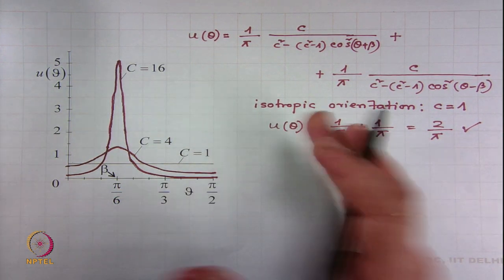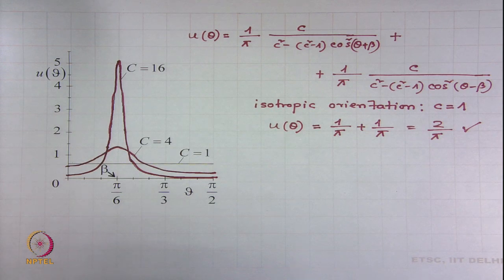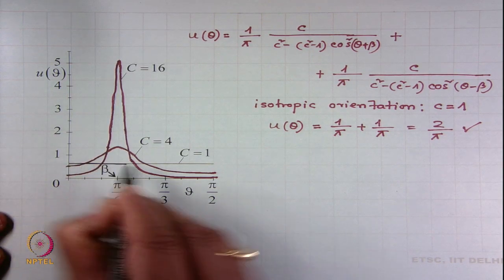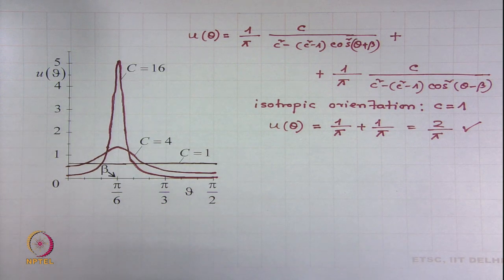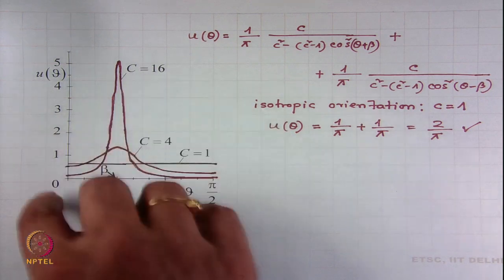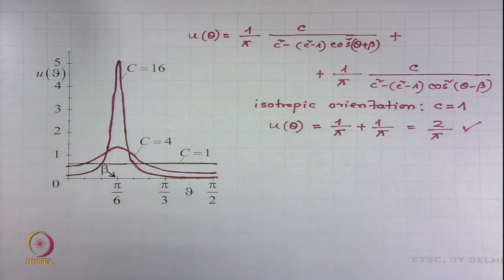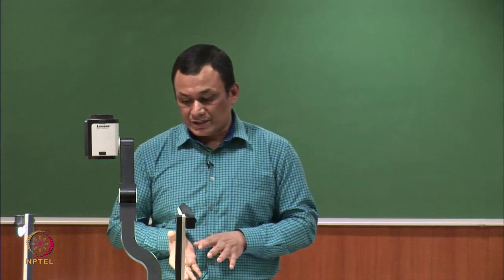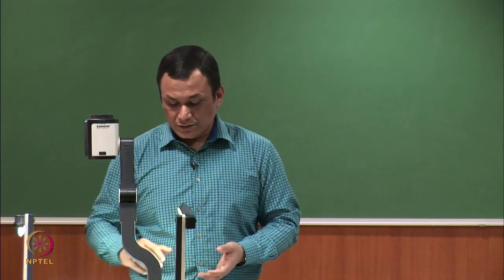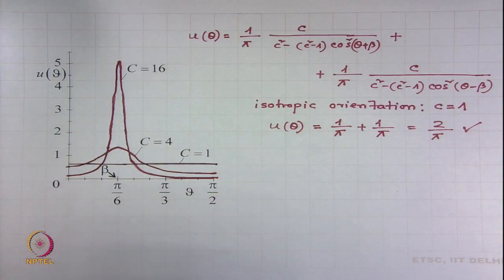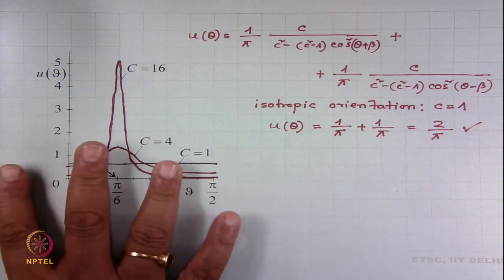So, the curves of u theta become steeper when the distribution is more anisotropic, and this was for isotropic orientation, C is equal to 1. So, as we deviate from 1 to 4 to 16, the curves become steeper. That means, from isotropic to anisotropic orientation, as the anisotropy increases, we are obtaining the steeper curve. So, this is the behavior of u theta.